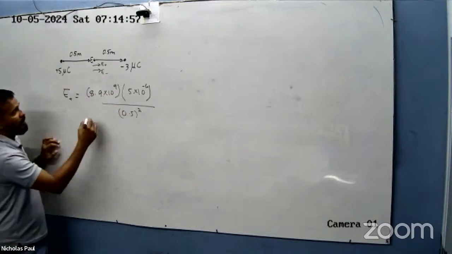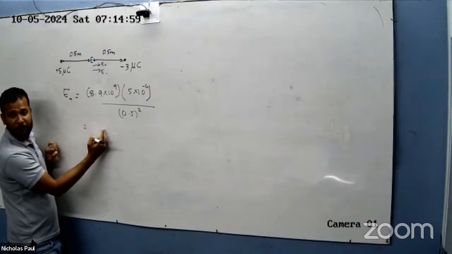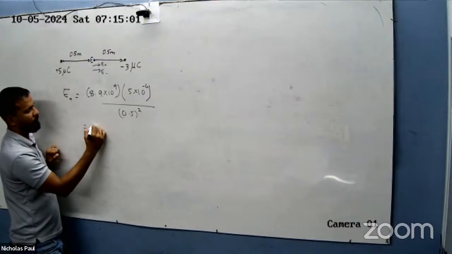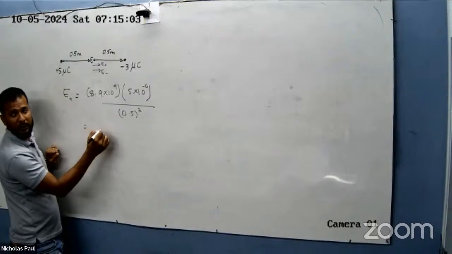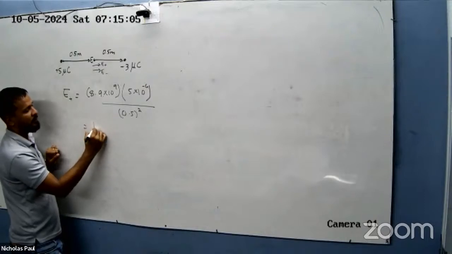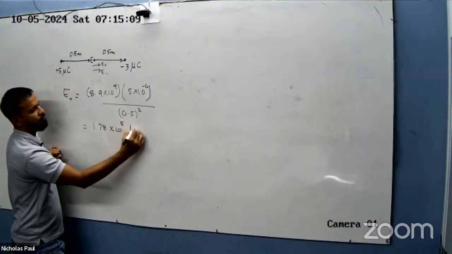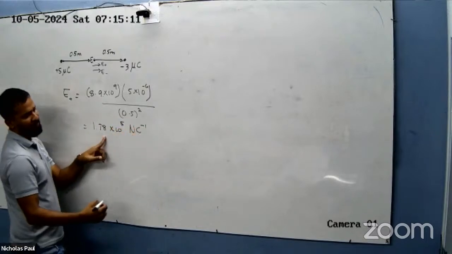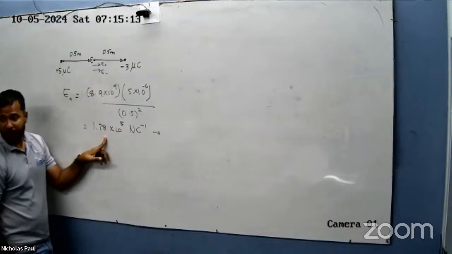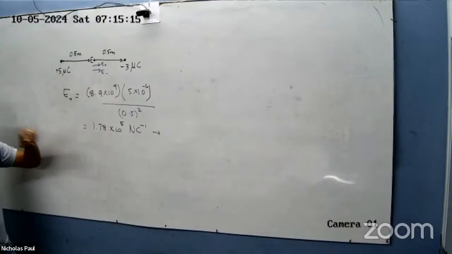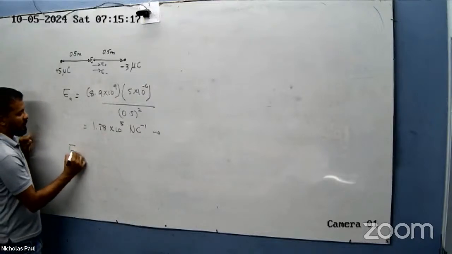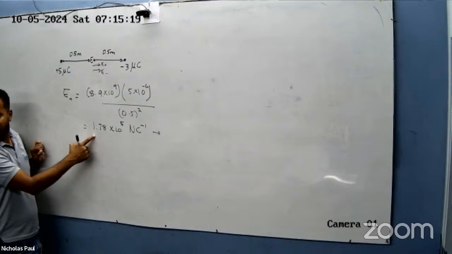How much shall I get here? 178,000. Give me the exponent. 1.78 by 10 to the power 5, and this is acting to the right. That's okay? Everybody get it?